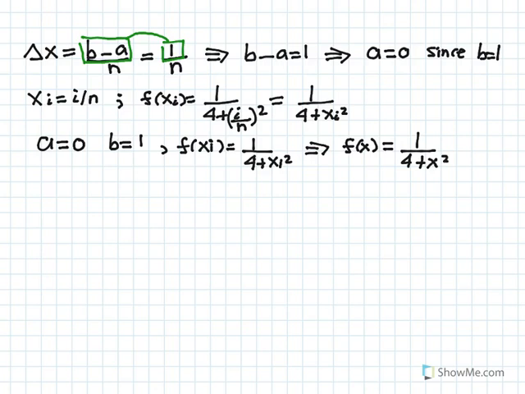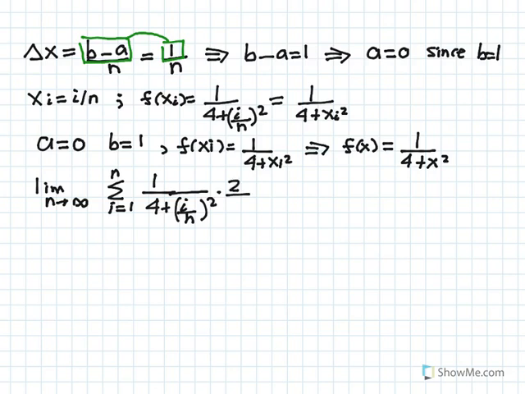Now let's factor out 2 from the Riemann sum. So we have the limit as n goes to infinity, i goes from 1 to n, of 1 over 4 plus (i over n) all squared times 2 over n.